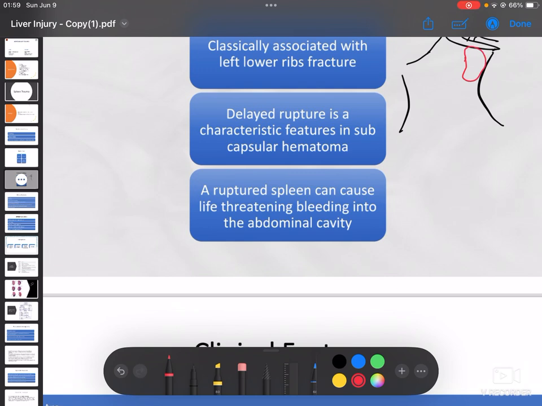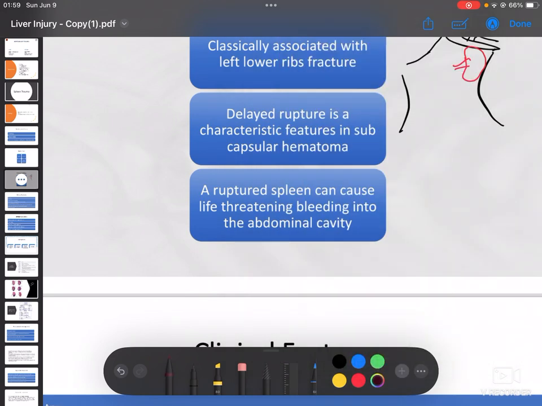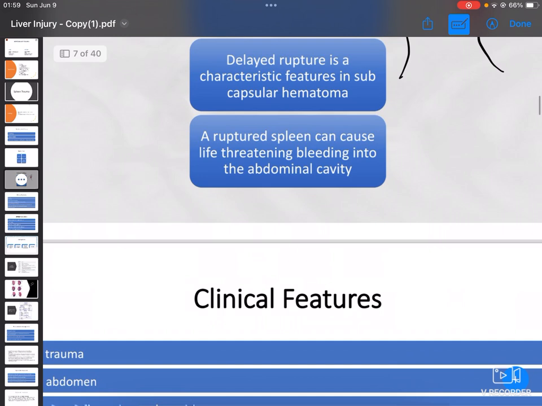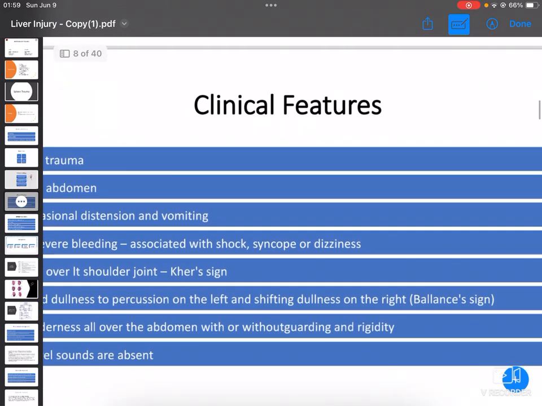Initially there may be no injury, but later on there is injury and subcapsular hematoma.